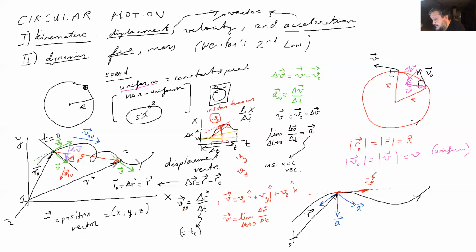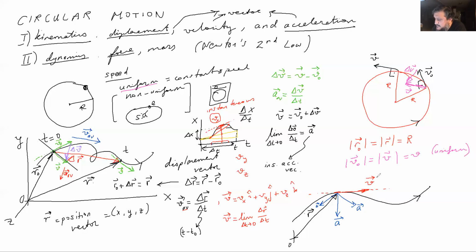If this velocity, its magnitude, if it's increasing, then acceleration will be this one. If it is decreasing, acceleration will be over here, this guy, for decreasing magnitude, decreasing speed.